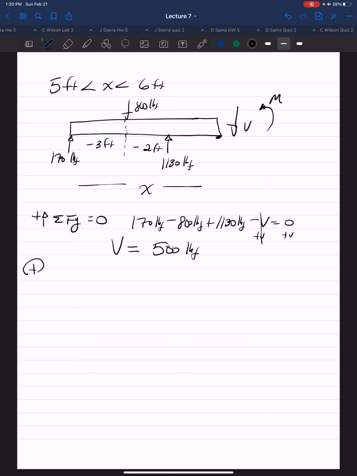We're taking our moments here. So you have your bending moment M, counterclockwise positive.